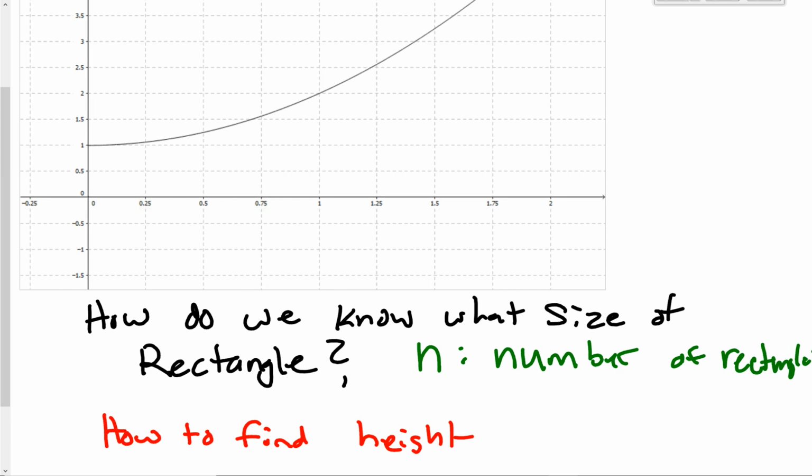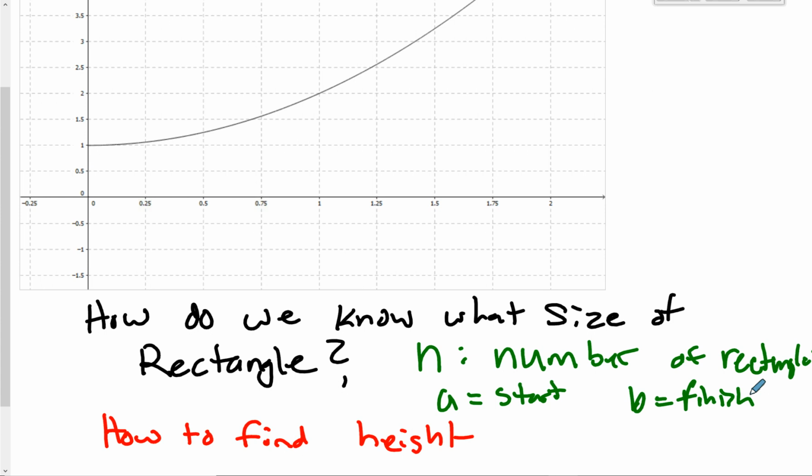And once we have the number of rectangles we want, and we know where we start and where we want to finish, then we can see the widths of these rectangles, right?